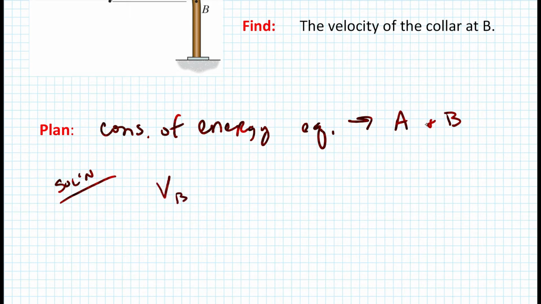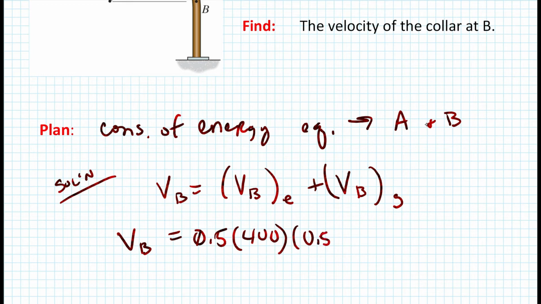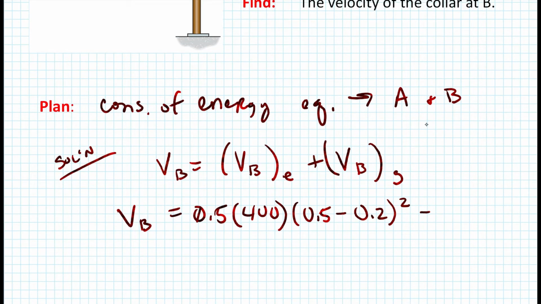So we have V sub B equals V sub B sub E plus V sub B sub G. So V sub B is going to be equal to 0.5 times 400 times (0.5 minus 0.2) squared, and then we subtract 4 times 9.81 times 0.4.